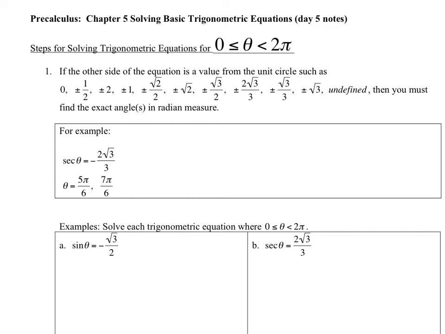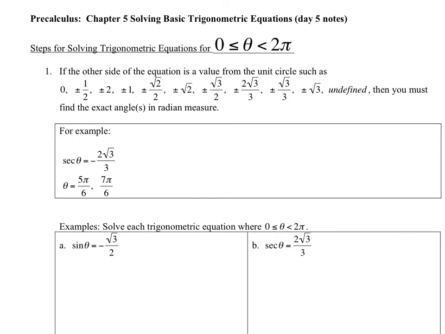If the other side of the equation is a value from the unit circle, like 1/2, square root of 3 over 2, 0, 1, in any positive or negative form, and these last ones are created by doing your fractions, like square root of 3 over 2 over 1/2 or the other way around. These are all things that can be found on the unit circle. So if your equation is set equal to one of these, we have to think about what that equals on the unit circle.